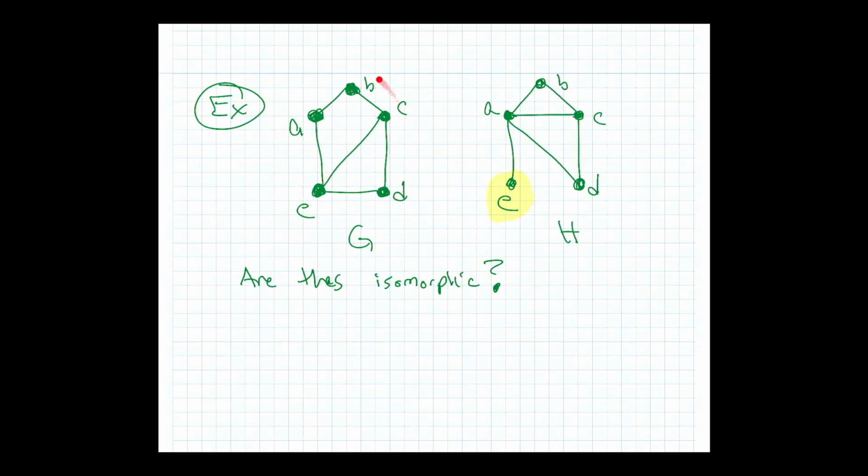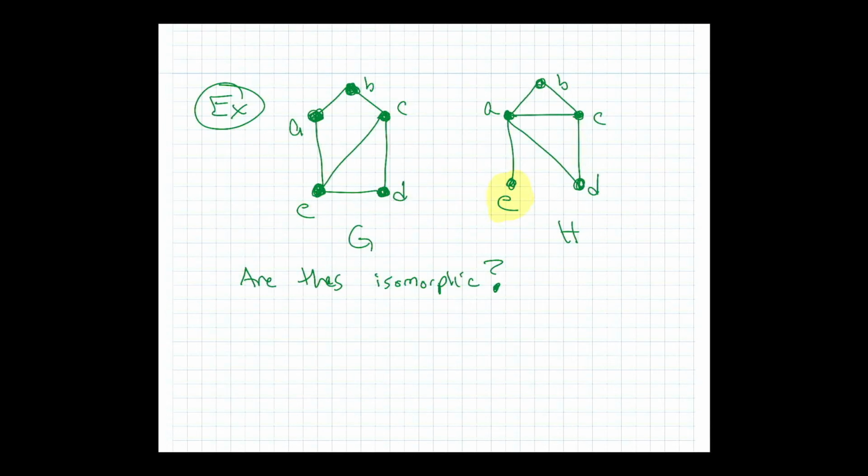And I'm looking at G, and you would say, okay, where is the equivalent of E? Where is the vertex that only has one neighbor? And there isn't, right? So E only has one neighbor. Here, there is no corresponding vertex with only one neighbor.